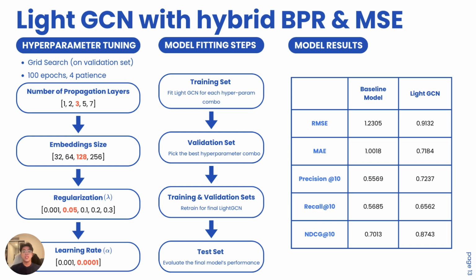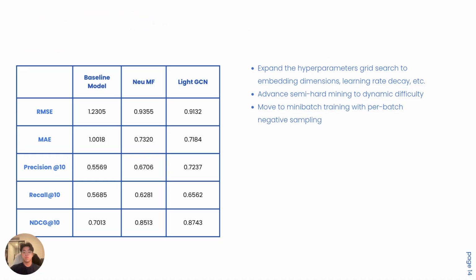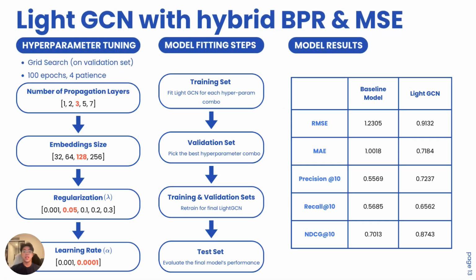So for LightGCN with hybrid BPR and MSE, we did the same hyperparameter tuning, but this time we used the number of propagation layers, embedding size, regularization rates, and learning rates. For the model fitting steps, we did the same: the training set, where we fit LightGCN for each hyperparameter combo; the validation set, where we pick the best hyperparameter combo; and the combined training and validation set, where we train the final LightGCN, using the test set to evaluate the final model's performance.